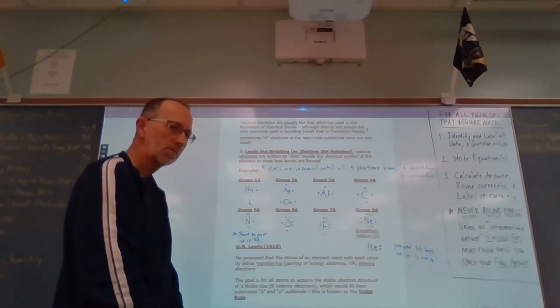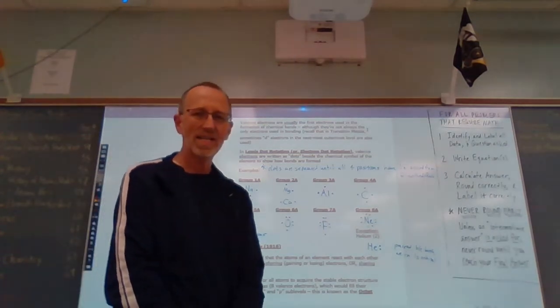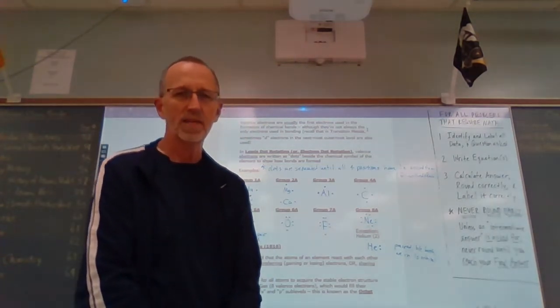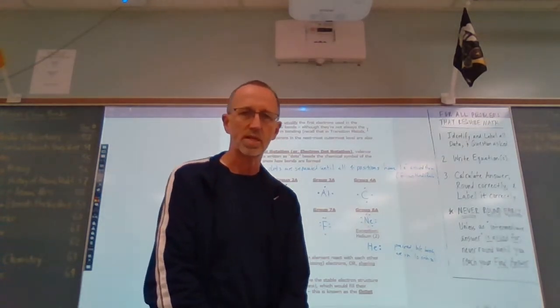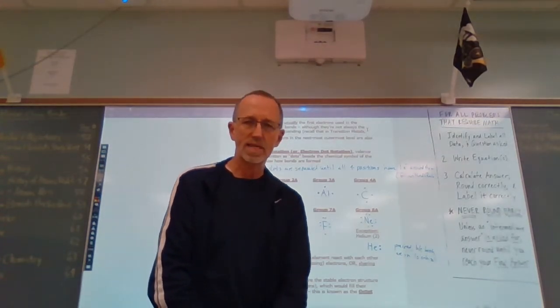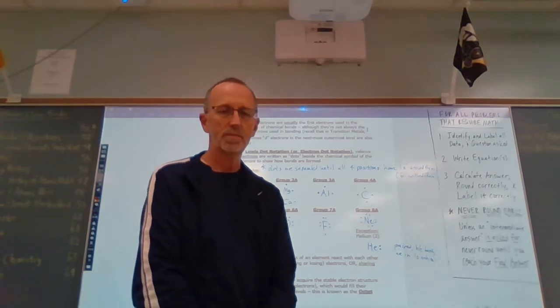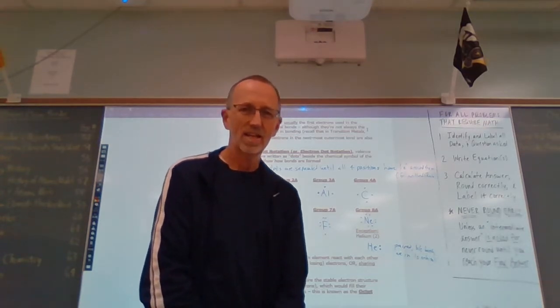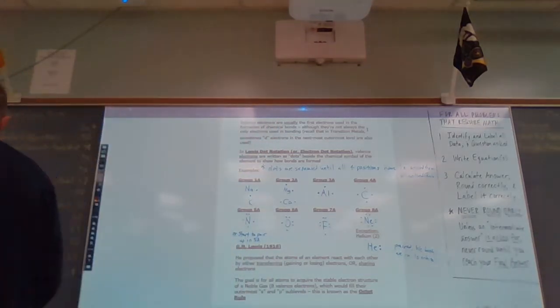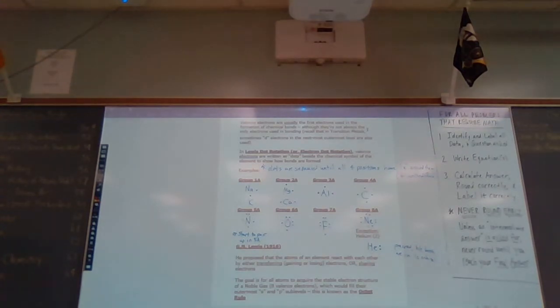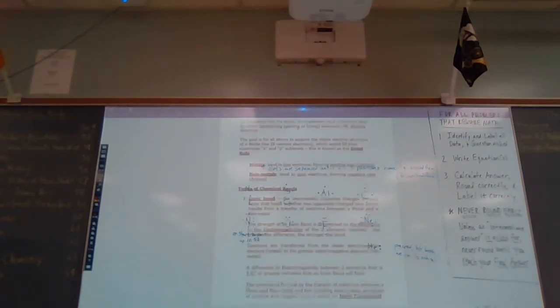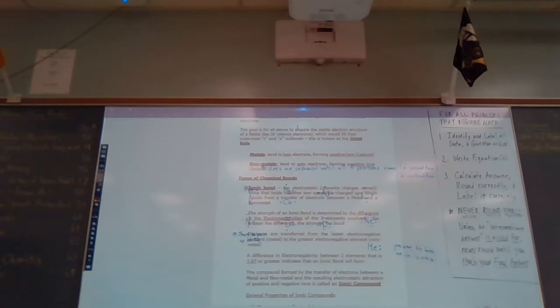All right. So the ideal, we talked about this before, the ideal electron structure scenario is to have those outermost S and P orbitals full, which would be a total of 8 electrons, 8 valence electrons. Octet rule. Of course, the exception to that would be, again, with hydrogen and helium.